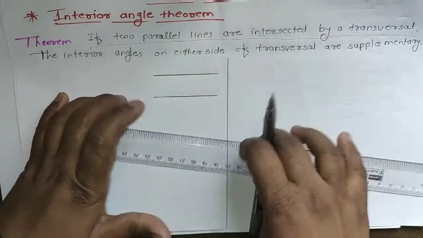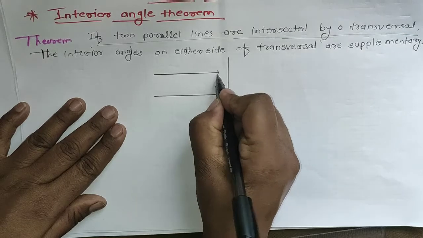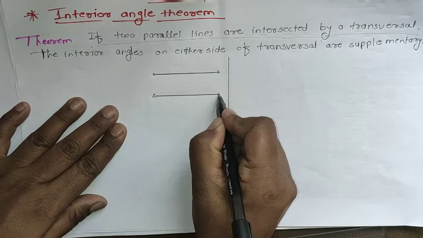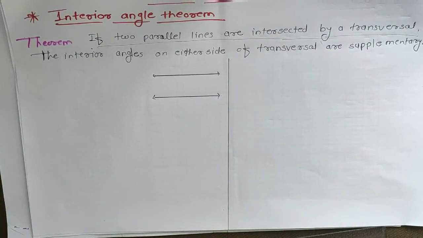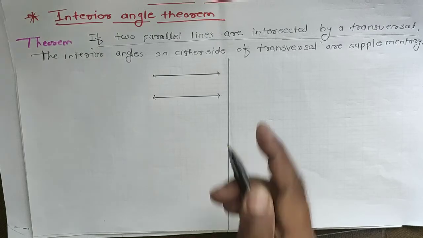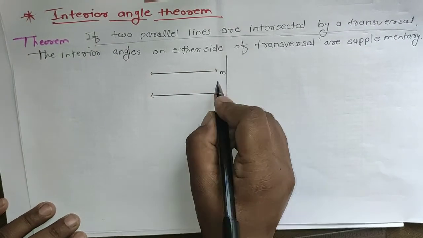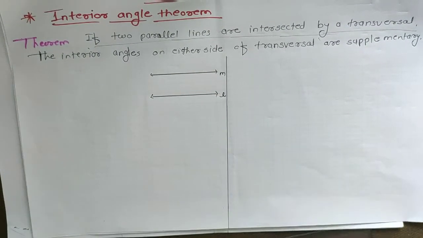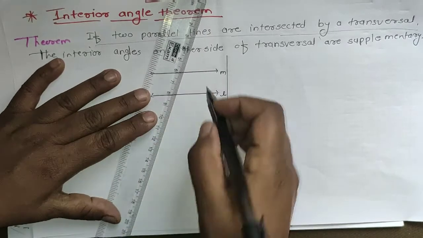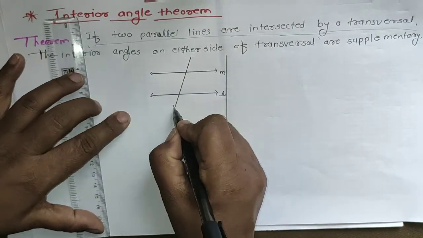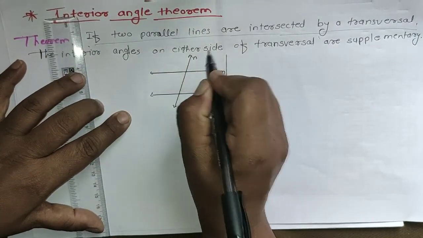These are the two parallel lines I drew. I will name them M and L, and here is the transversal, N. I drew it here. This is the transversal N.